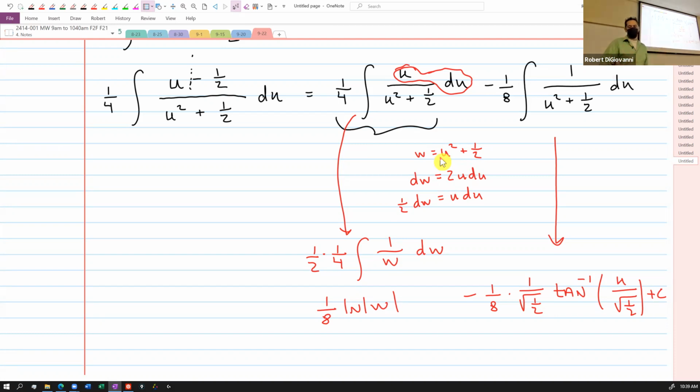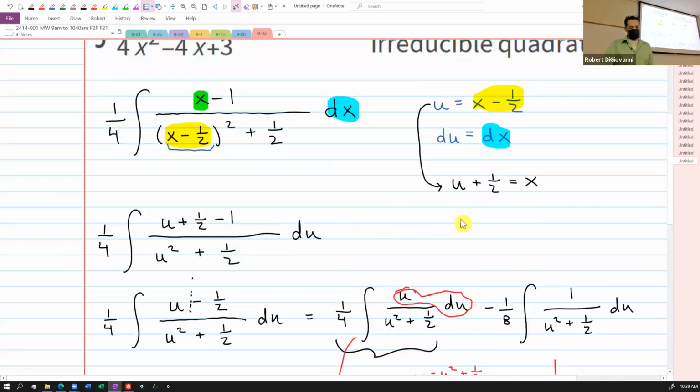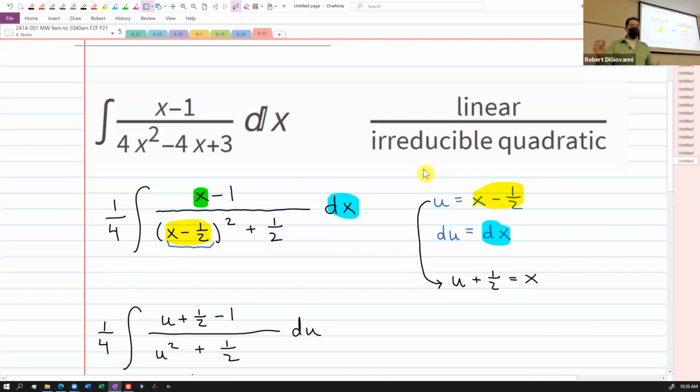This is a little more methodical, where you can just follow the process and get to the end. It's less creative thinking, in my opinion. So that's why I like to show the other way. But I've shown you both. You do what you want. I don't care. You're not going to hurt my feelings, okay? But you want to do this when you have a linear over an irreducible quadratic.